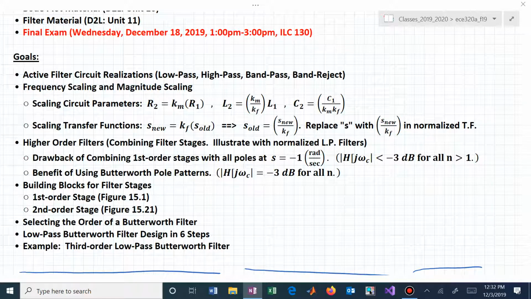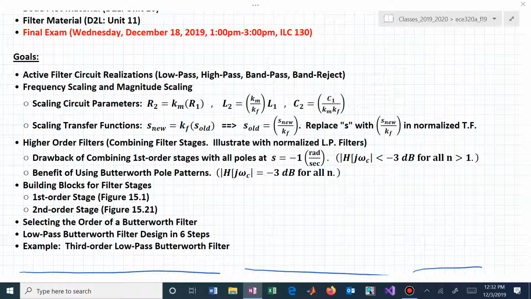And then I will simply quickly remind us of what we were talking about a week ago, in terms of we can't simply combine a first order stage and expect the cutoff frequency to remain where it is for each of the poles. And for that reason, we need to become a little bit more strategic in where we place our poles.